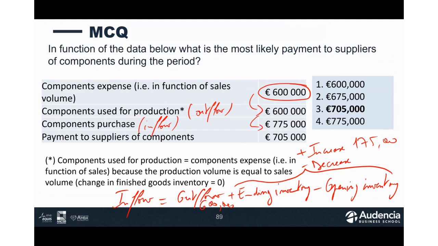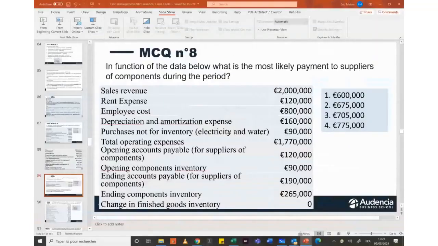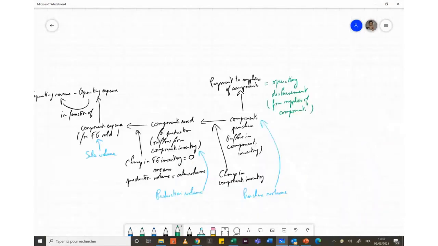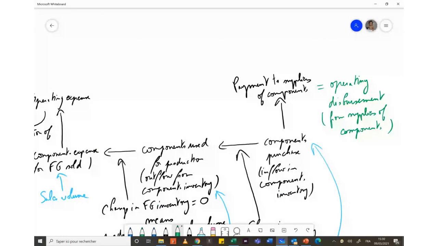And now the last one, the payment to suppliers of components. For the payment to suppliers of components, what is the difference with the previous value? The difference between the components purchase and the payment is because of the change in accounts payable for the suppliers of components. Okay.